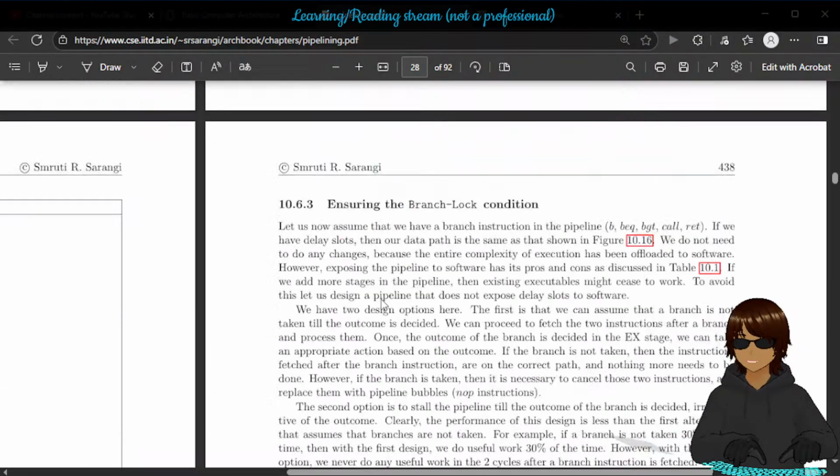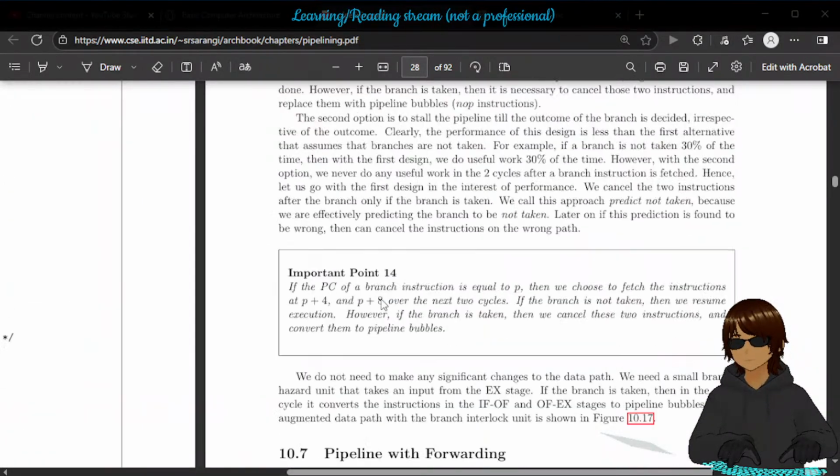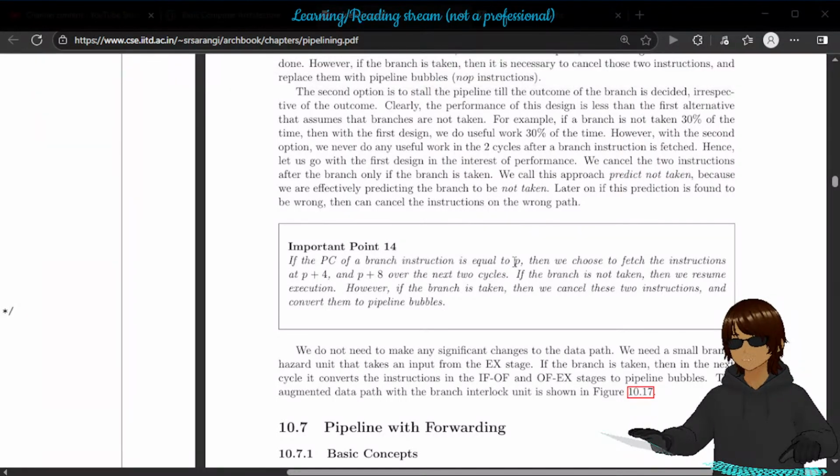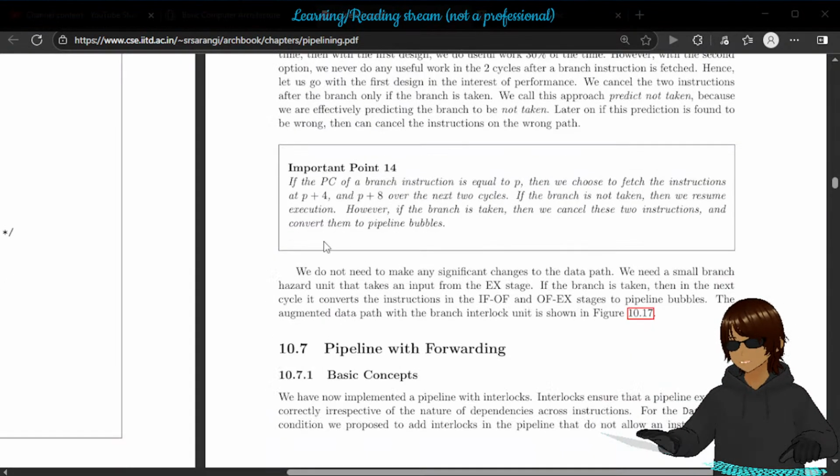They don't show the pipeline diagram. If the PC of the branch instruction is equal to P, then we choose to fetch the instructions at P plus 4 and P plus 8 over the next 2 cycles. If the branch is not taken, then we resume execution. However, if the branch is taken, then we cancel these 2 instructions and convert them into pipeline bubbles.